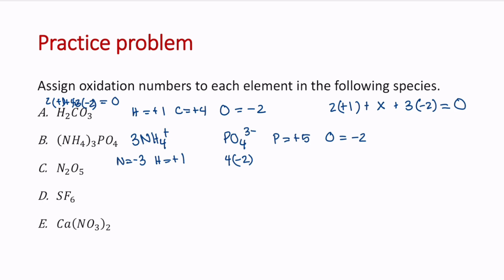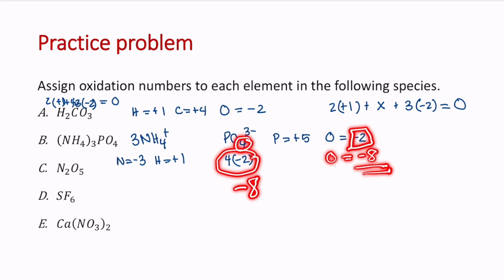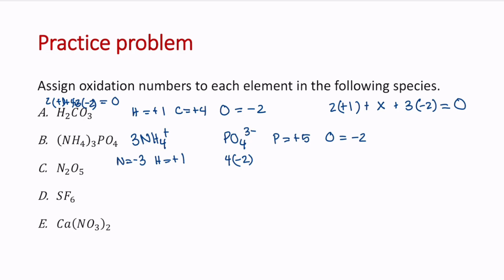One of the biggest mistakes I see when doing these types of problems is people will say oxygen is -8. That is not the oxidation number of oxygen. The oxidation number of oxygen is -2. The total negative from the 4 oxygens is -8, but that's not the oxidation number of oxygen. So just be very careful about that.